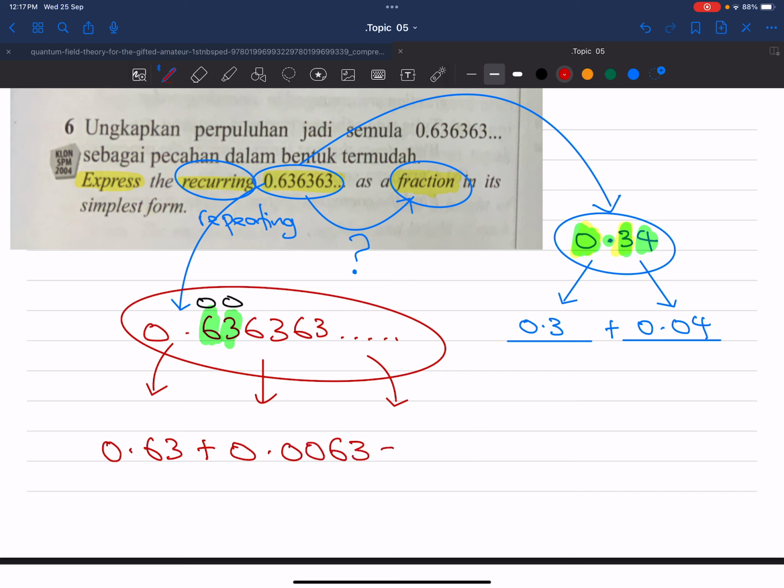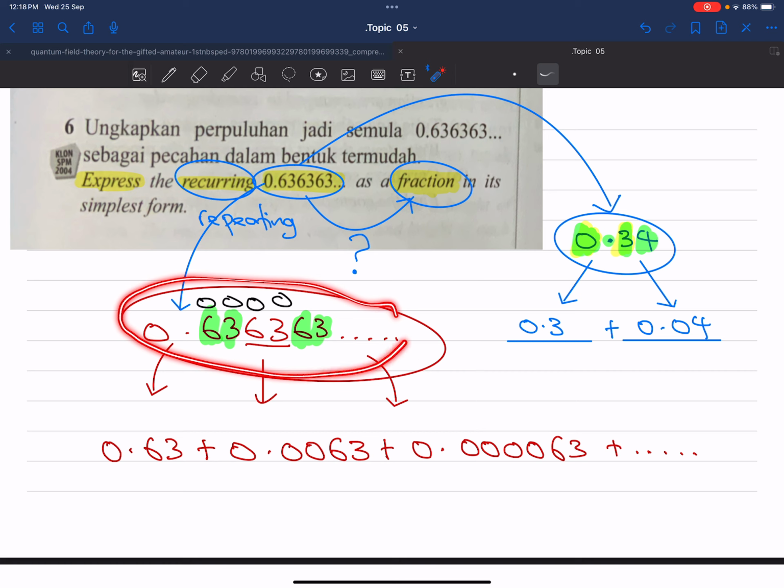Again plus, now the last 63 here, which means this 63 already replaced with 0, 0, so the last number would be 0.000063, and it continues.